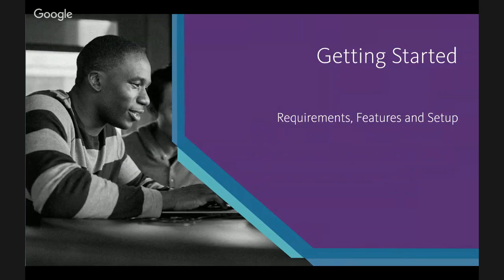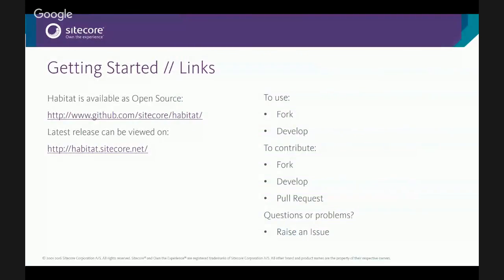So, a quick run-through of how to get started on Habitat. Habitat is, as I mentioned before, available to everybody. It's on GitHub. You can have a look at the source code, and there's a wiki there as well. The latest release can be viewed on habitat.sitecore.net. If you want to use it, it's not about having backwards compatibility.